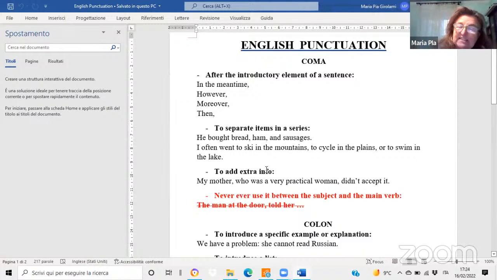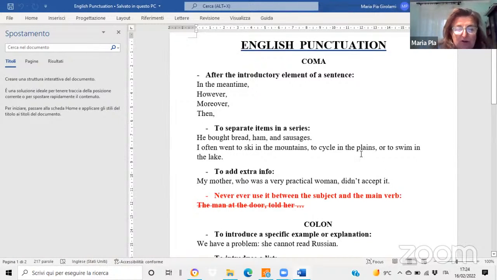And then this is the same as in Italian, but nevertheless, many of you do not write it correctly as well. When you add extra information with a secondary sentence, you must put the secondary sentence in between commas. My mother, comma, who was a very practical woman, comma, didn't accept it. Okay?